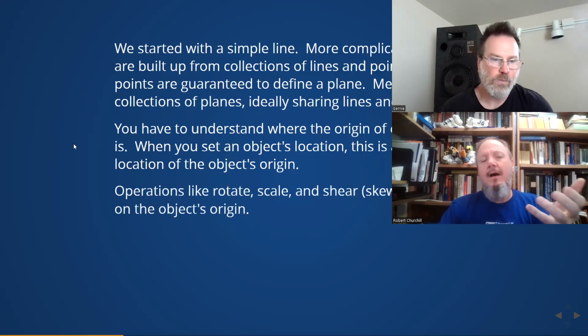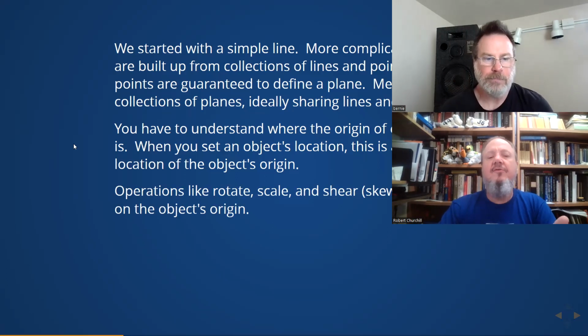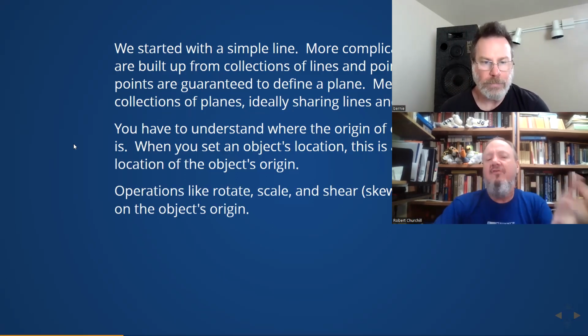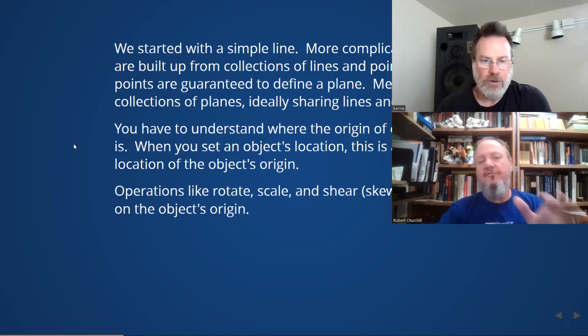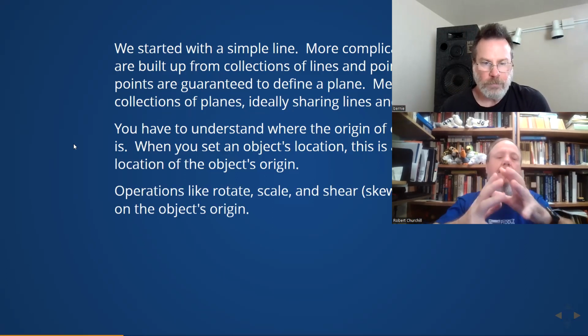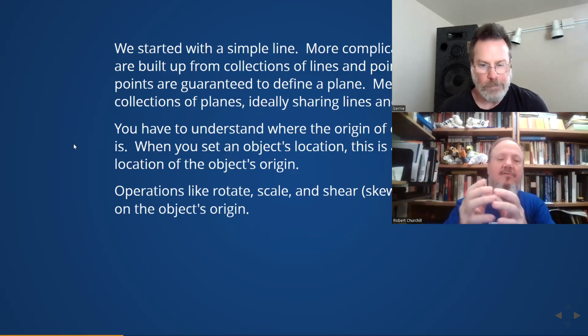And there are many different operations you can do. Rotate is the obvious one I've discussed, easiest to see. But there is also scale, so you can make an object bigger or smaller.